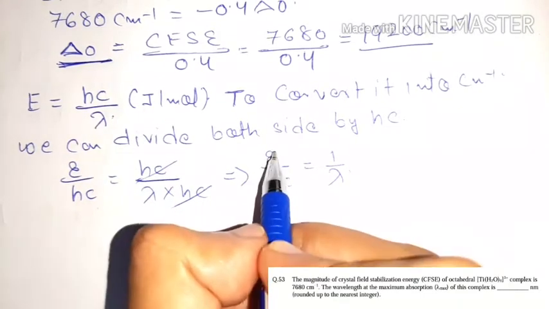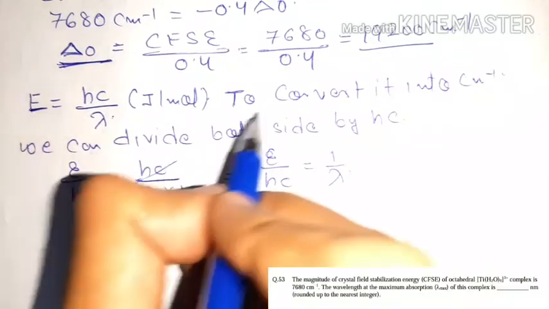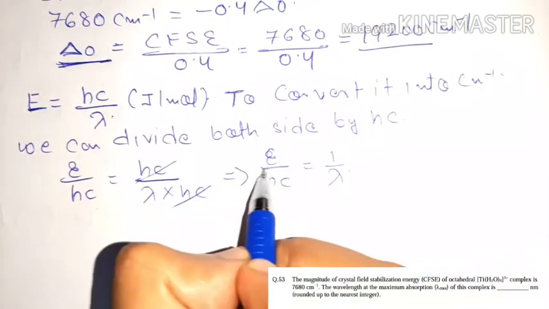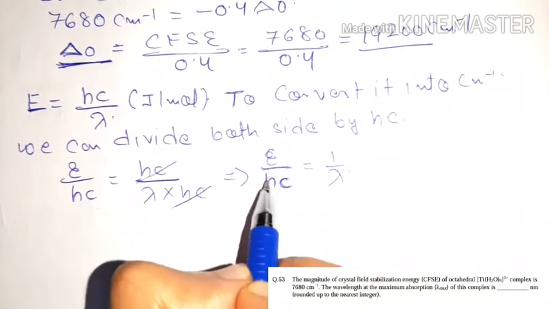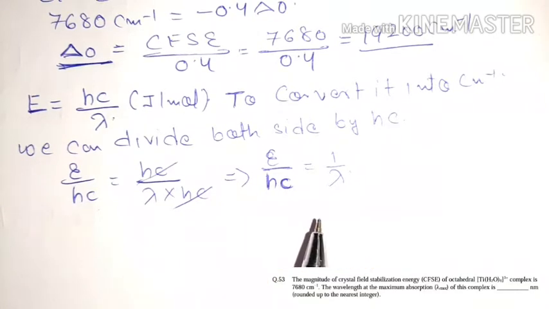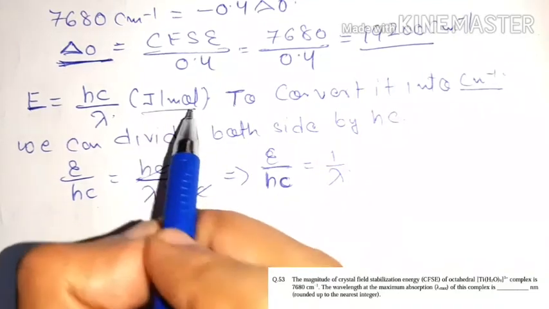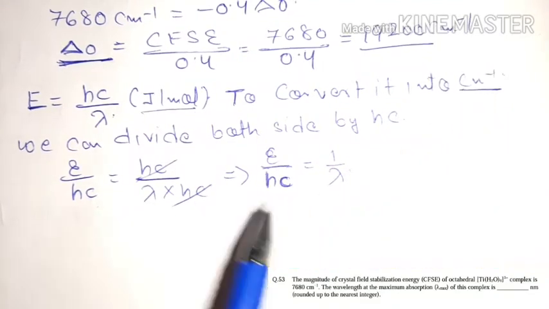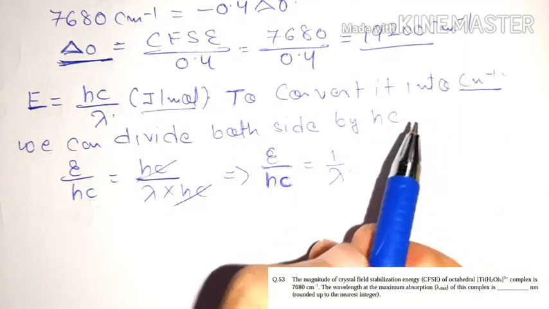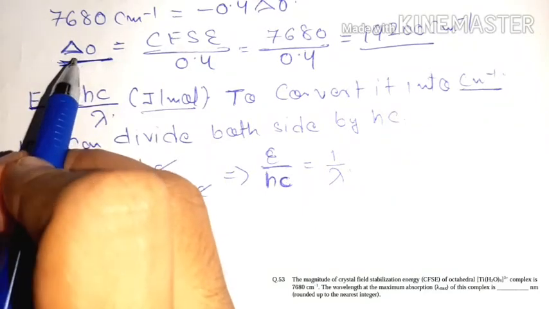Okay, because here you see that energy is in centimeter inverse, and when it is divided by hc, it will be converted into centimeter inverse. So joule per mole converts into centimeter inverse, and when it converts into centimeter inverse, it will be equal to your ΔO.